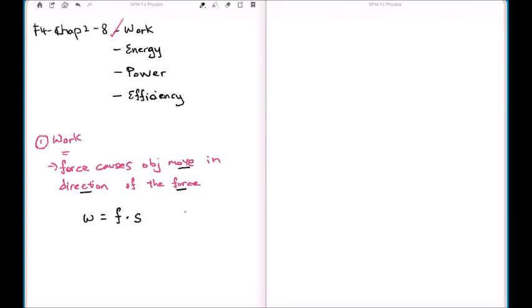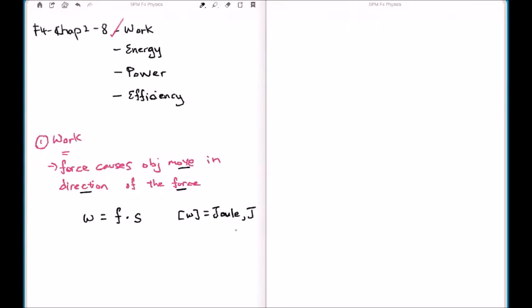Before I go further, let me define the unit for work done. You have a special unit called joule, or just the symbol J.